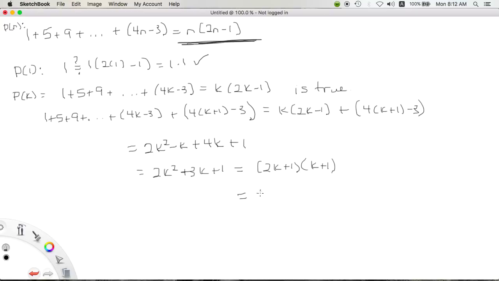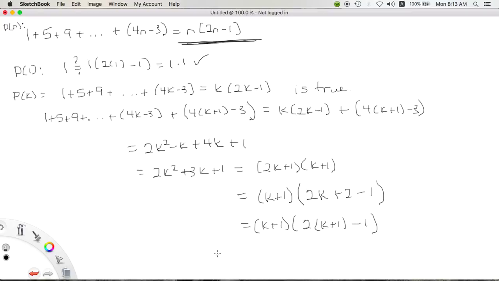So what we need to do is rearrange a little bit. So we use our commutative property and flip that. And then we've got 2, and now we want to see if we can get 2 times k plus 1 to equal this. So we can say that this is the same thing as 2k plus 2 minus 1, because we want this minus 1 here. And if we have plus 1, that's plus 2 and minus 1. And then we factor out our common term there.